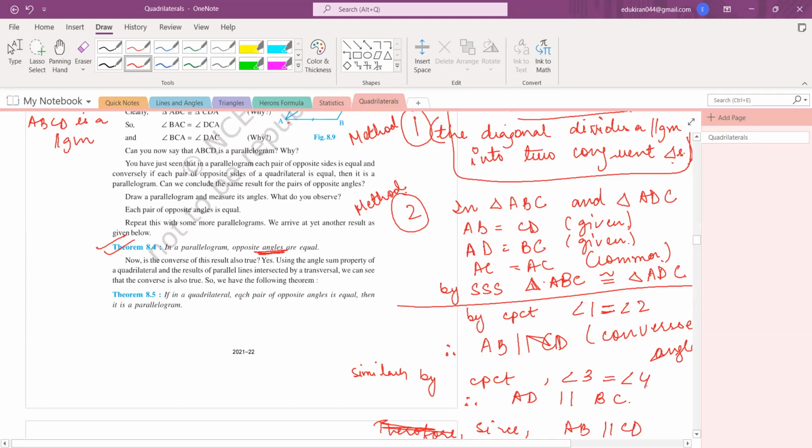Okay. Now, next theorem 8.5 is the converse of this theorem only. So this time it is already given that if in a quadrilateral, each pair of opposite angles are equal, then it implies that it is a parallelogram. Please write this also, theorem number 8.5.